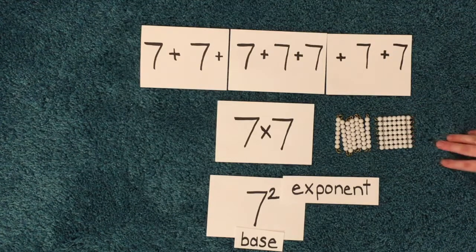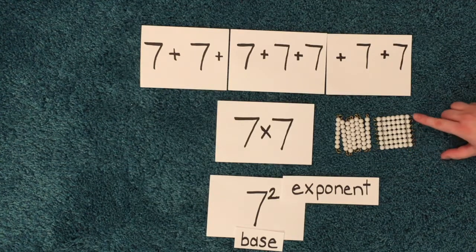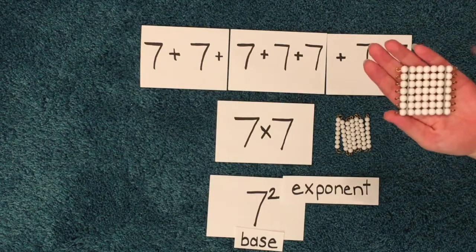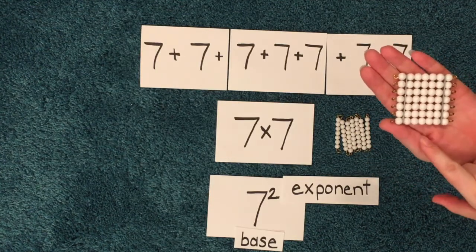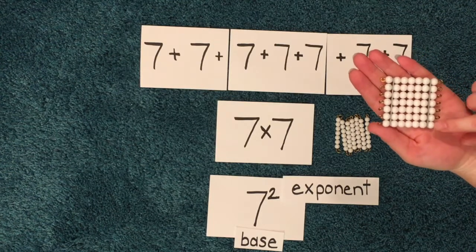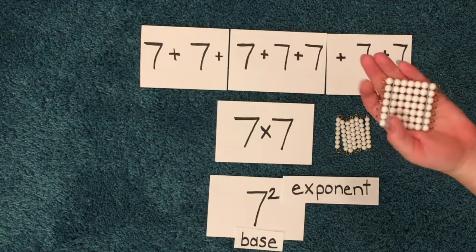What makes a square a square? Well, it has the same size length as it has width. Let's check. Okay, the length is 1, 2, 3, 4, 5, 6, 7, and the width is 1, 2, 3, 4, 5, 6, 7. Okay, so it is a square.